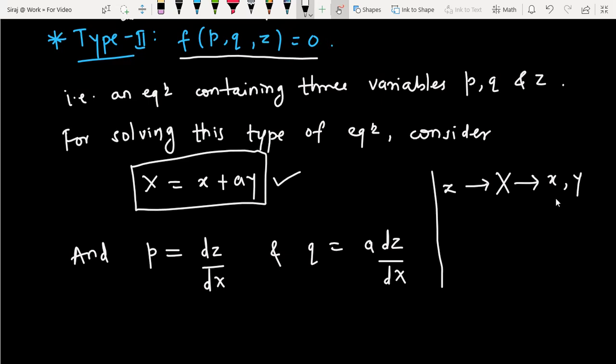The independent variables are x and y. So from that, we can find the value of del z by del x and the value of del z by del y. These two partial derivatives we can calculate here.